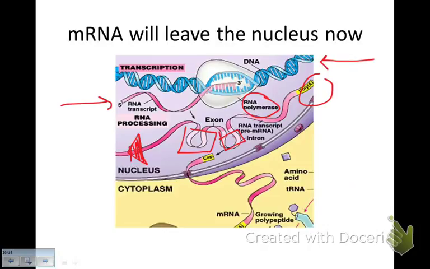One thing I didn't mention that's in your notes, the spliceosomes, that's what snips them out. So think of spliceosomes as the enzymes that cut out the introns. Think about it like scissors. And they're going to put the exons back together. So now the exons can go to the ribosome to make the proteins.